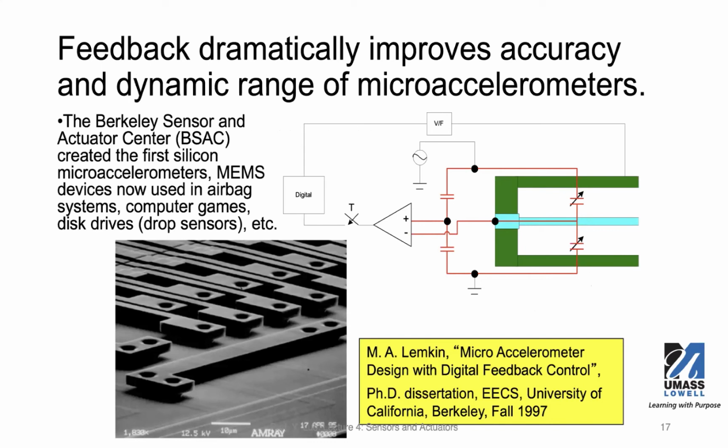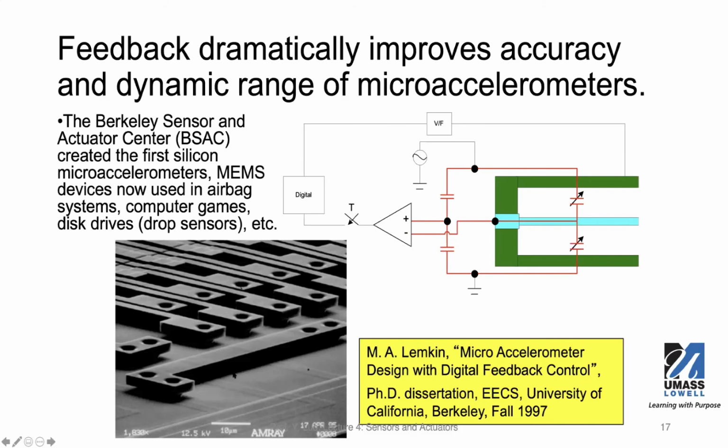That essentially solved a lot of these issues and greatly improved the accuracy of accelerometers. These designs have been implemented in modern MEMS-based devices to create accelerometer chips used in airbags, computer games, disk drives, and wearable watches, all these applications. So that was some history there.